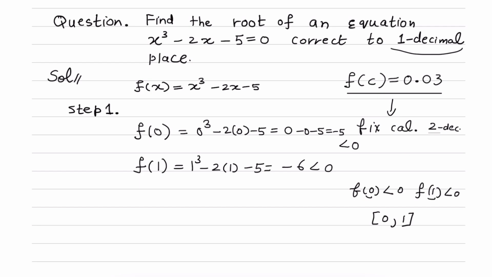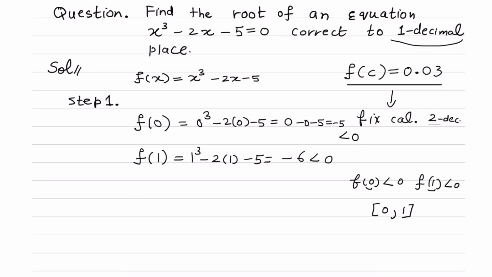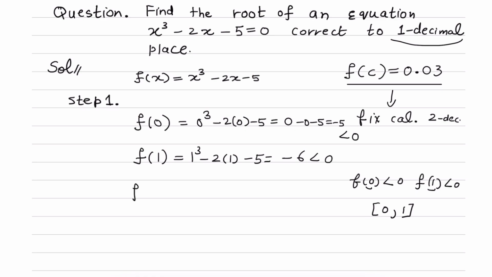So 0 and 1 don't make up the appropriate interval. We find f of 2: 2 cube minus 2 into 2 minus 5 gives us minus 1, which is again negative. So 0 1 or 1 2 does not make up the right interval.